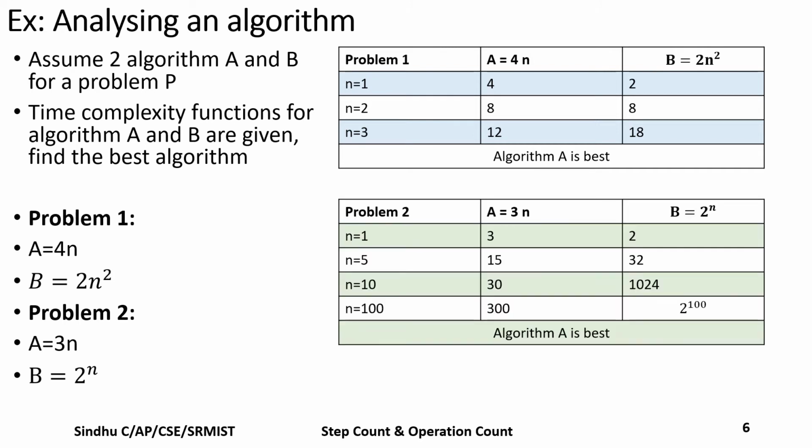So just give some values for n, and here also you can see that in case of A, it's just a smaller increase, whereas B's value, given varying values of n, is increasing exponentially. So here also you can understand that algorithm A is the best.